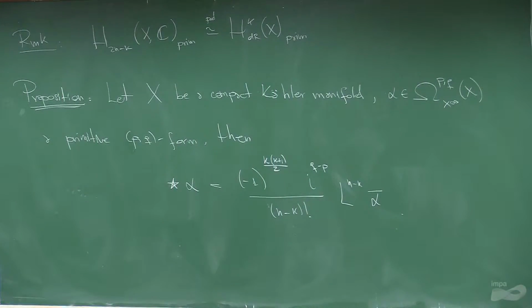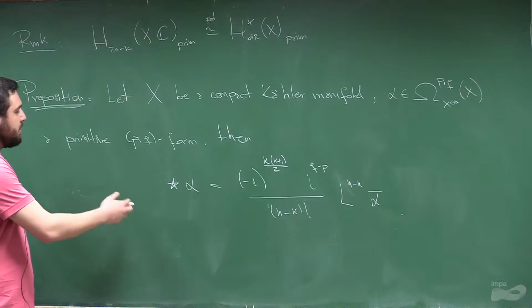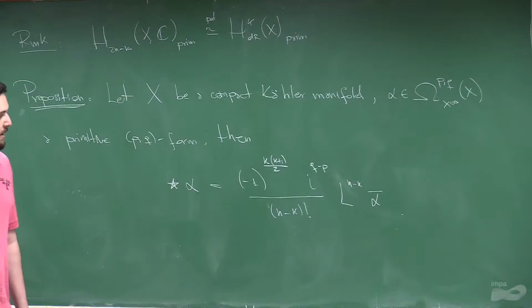Okay, so we have this relation in the case when you try to compute the star operator for a primitive (p,q) form.